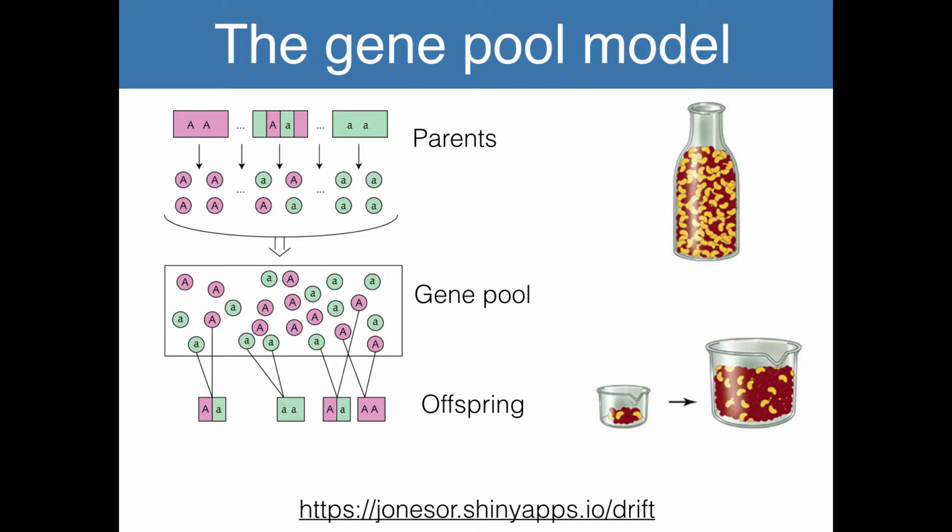So the parents contribute their genetic material to this pool, is the idea, and then, according to this mathematical model, the genetics of the offspring are a product of random choices from this pool. This has a lot of assumptions, one of them being that mating is random, so you're randomly picking from this pool. Mating is not normally random, so this is a simplification.